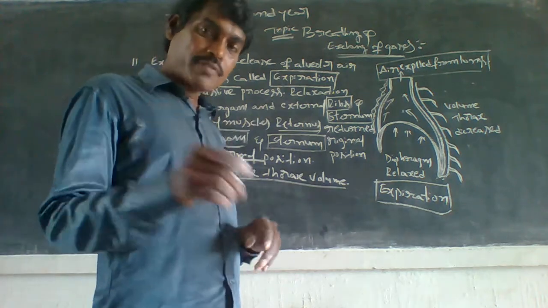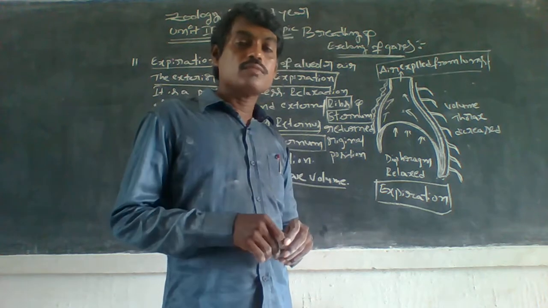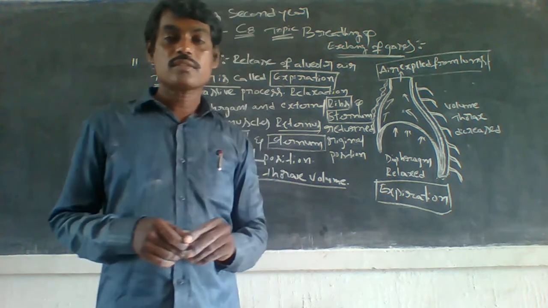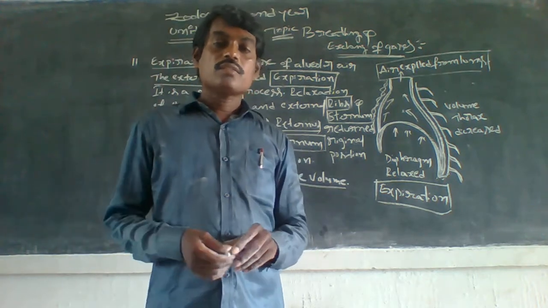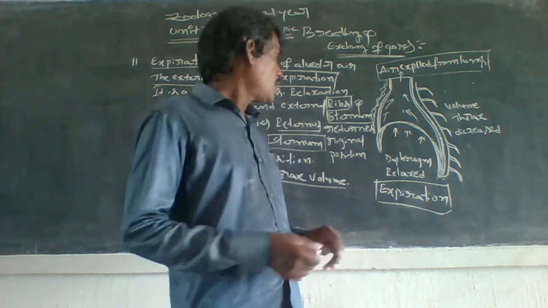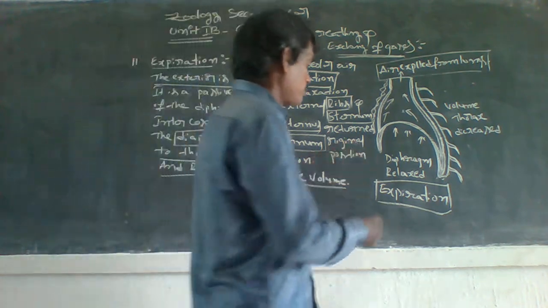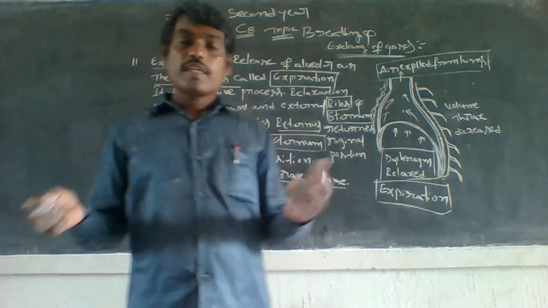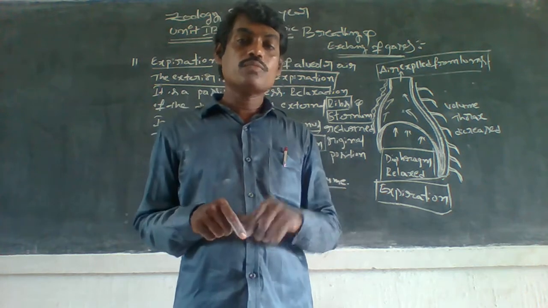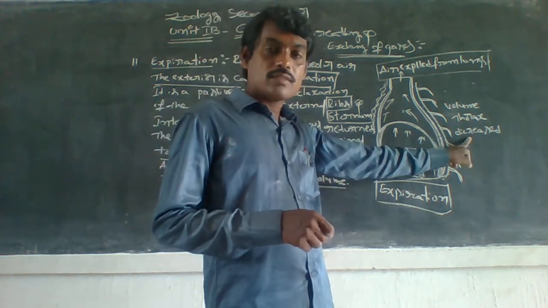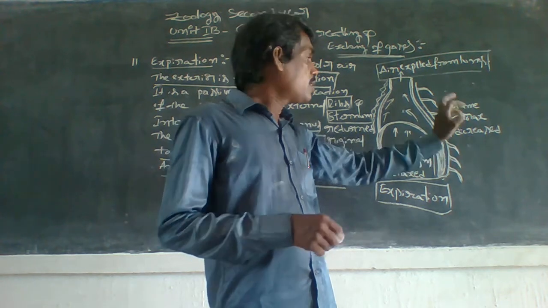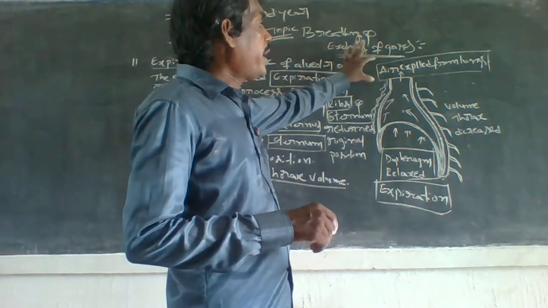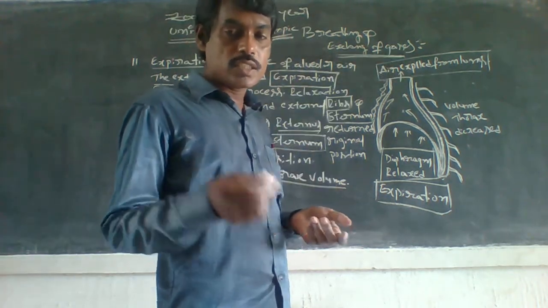Relaxation of the diaphragm, external intercostal muscles and internal costal muscles, and sternum. So the internal thorax volume is decreased, and air is expelled from the lungs.